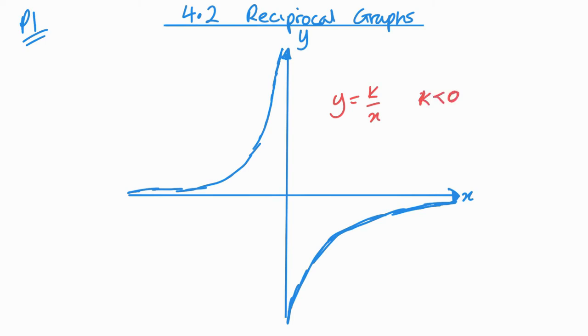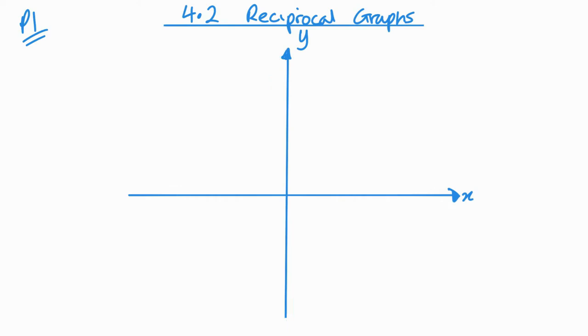Now when I'm dealing with y equals k over x squared, you'll notice that all these graphs are basically drawn the same. With the x squared, if k is positive, this is the graph that I get. All my values are going to be positive, so they're going to end up above the x-axis.